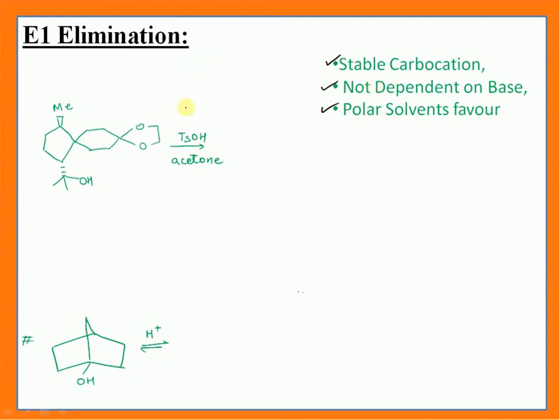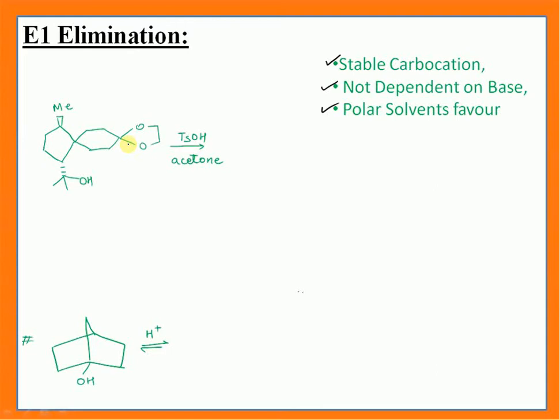So the same thing will be applied here, right? We have an example here. First we are using TsOH in acetone. This TsOH will provide protons and this proton will protonate this OH. Similar to the SN1 reaction, whenever you have an OH, you can remove it by using a protonated acid, or you can use tosylation, mesylation.